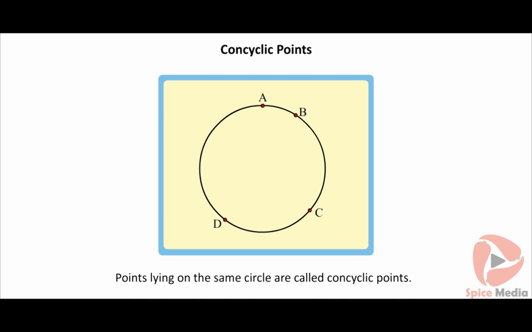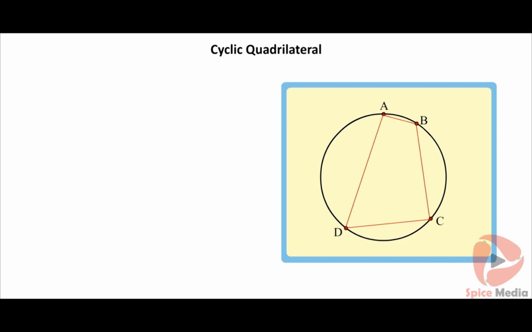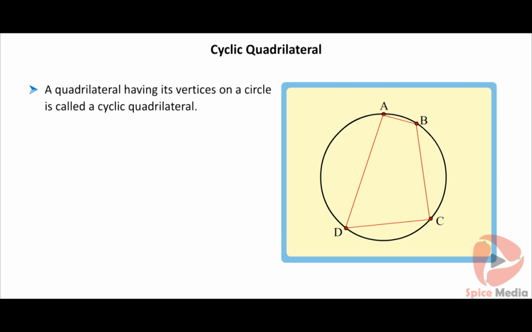At the end of the topic, you will be able to define cyclic quadrilateral, state and prove theorems on cyclic quadrilaterals. A triangle inside a circle is the most familiar geometrical figure. But triangles aren't the only shapes that can be fit inside circles.